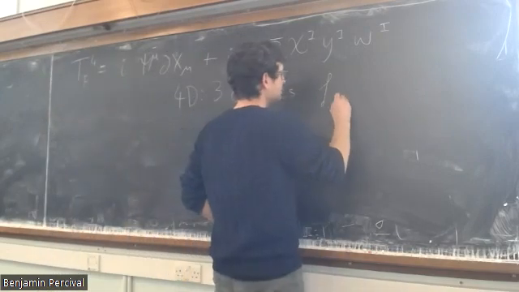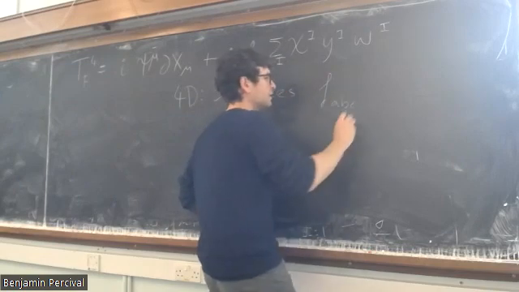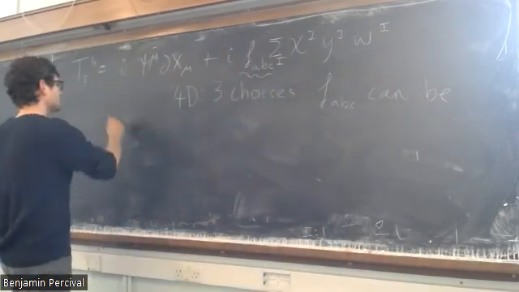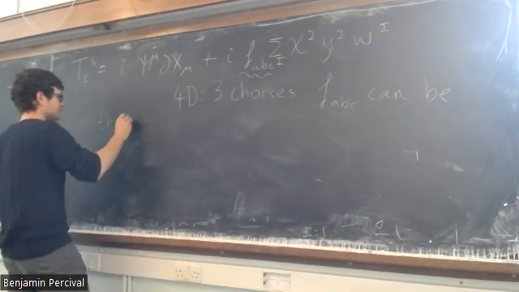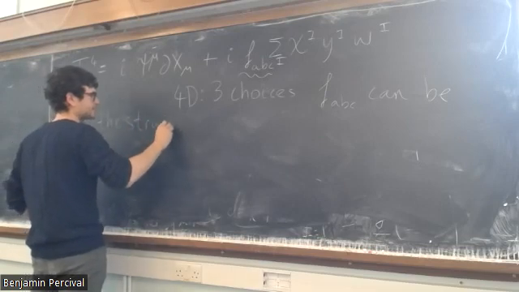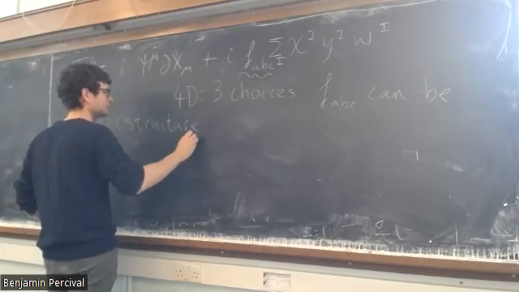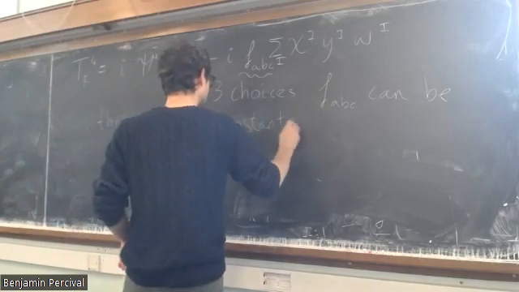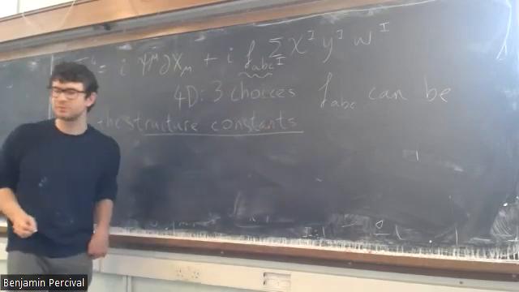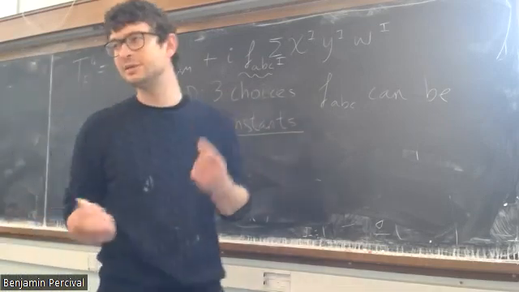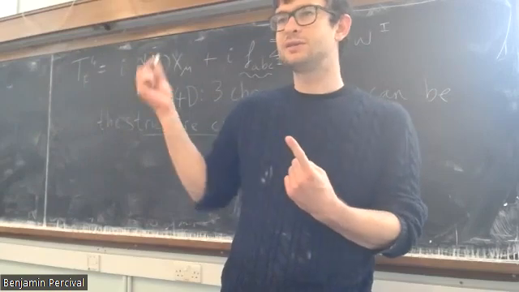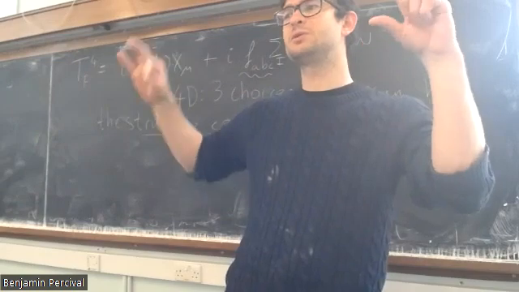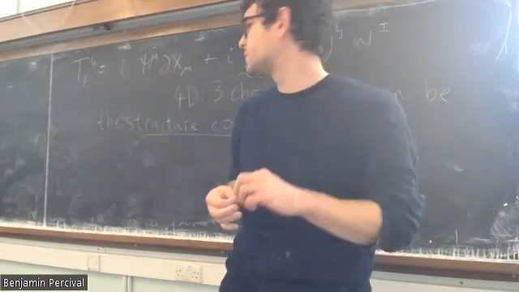F, A, B, C can be structure constants. The structure constants, remember, is when you have a Lie algebra and you take commutators, and the structure constants are what the commutator is equal to.